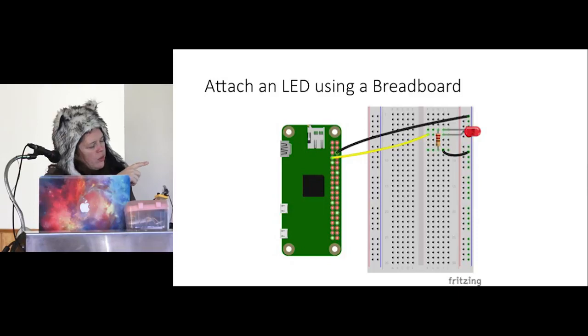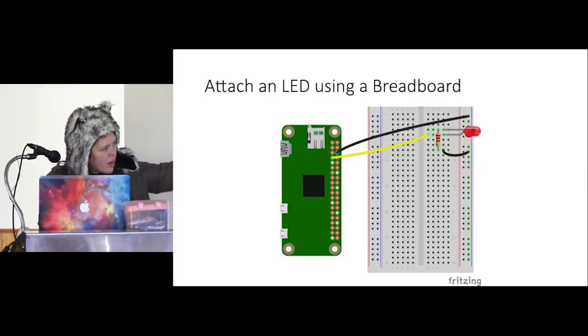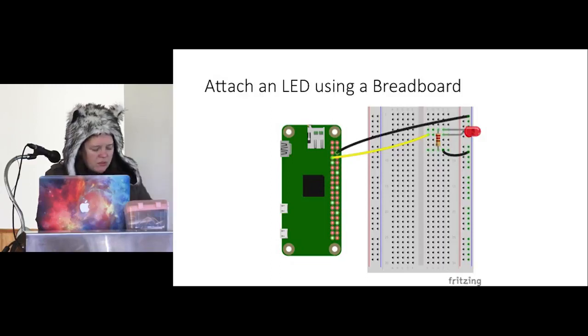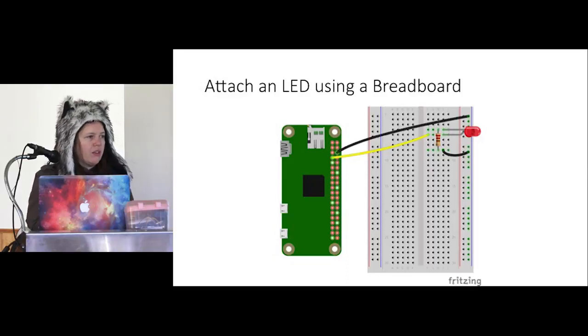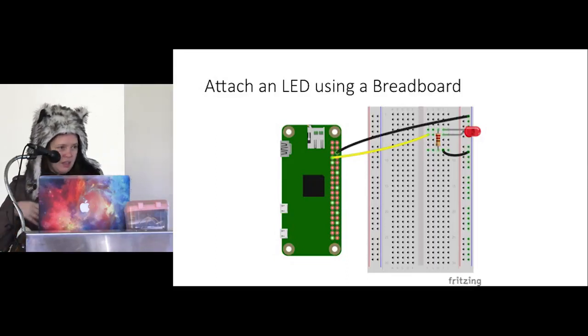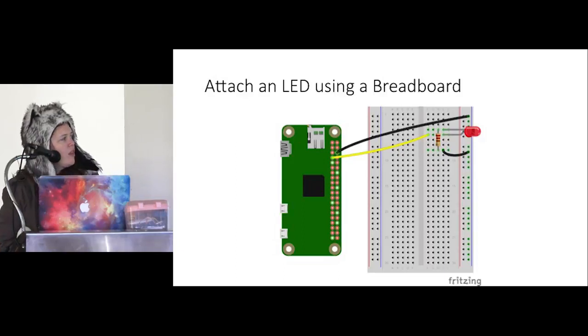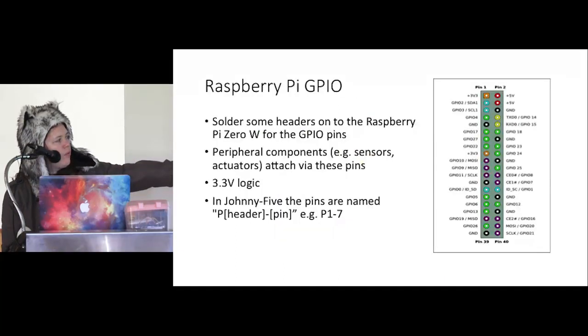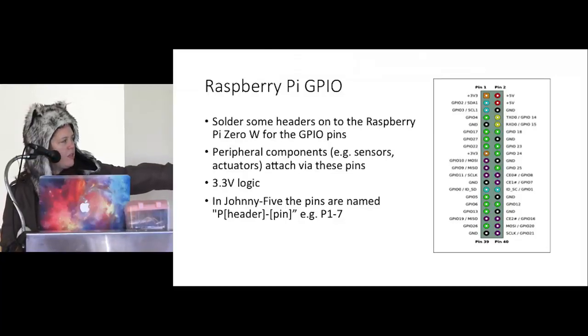And you'll notice on the breadboard there's a resistor, that little stripy component in the middle there. A resistor introduces some resistance into the circuit. It's really there to limit the current that's going through the LED so that it doesn't burn really brightly and eventually burn out.